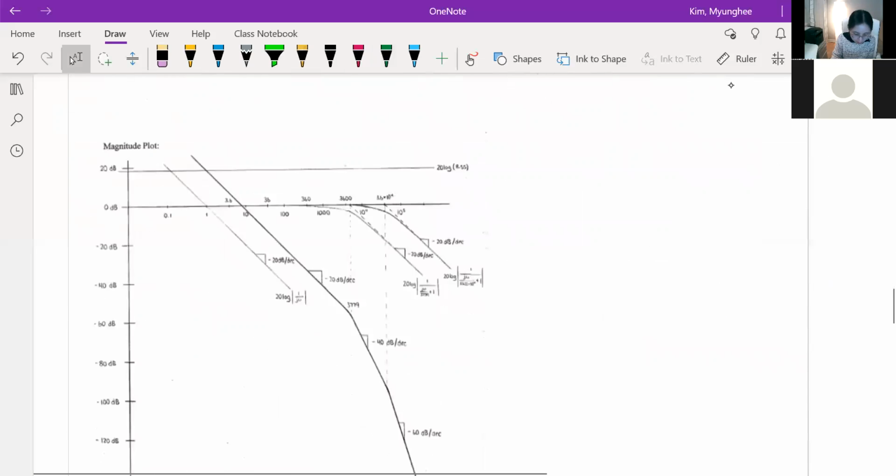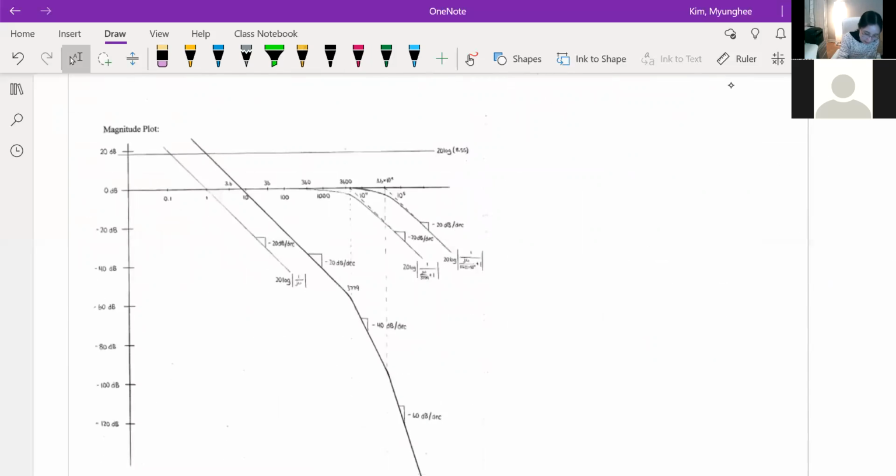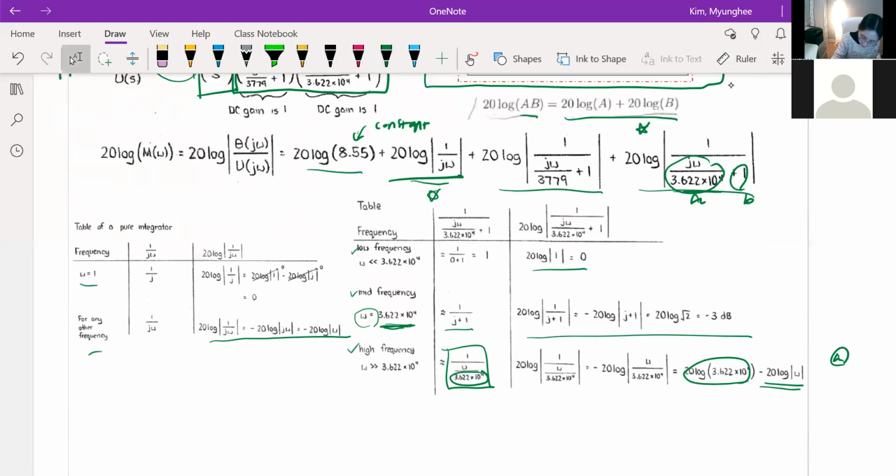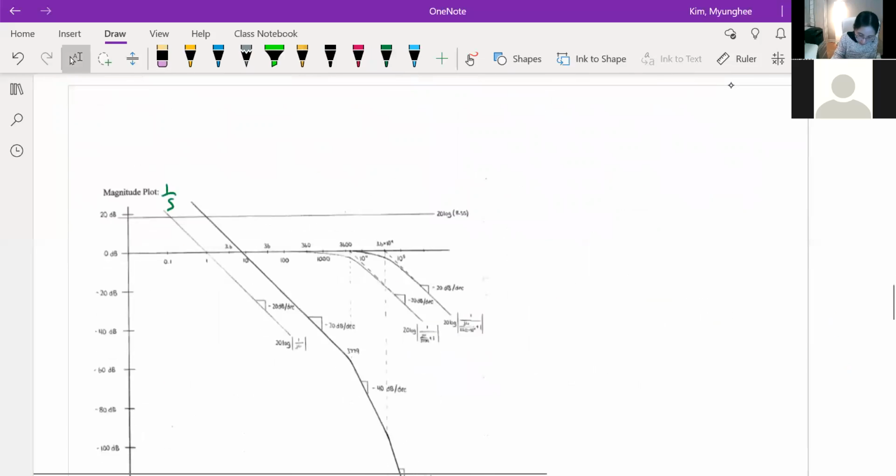So if you look at the magnitude plot, this is the pure integrator, and then this is A, this is the pure integrator B, and then C. Similarly, we can calculate B, and then calculate C. When omega is very small, the magnitude is almost 0.